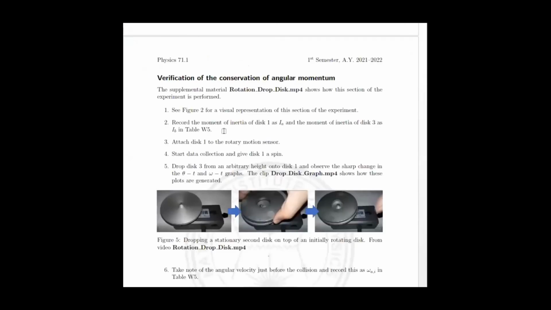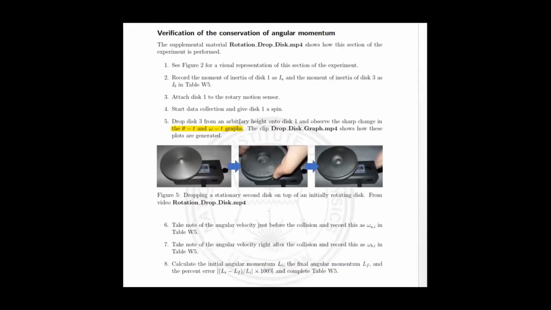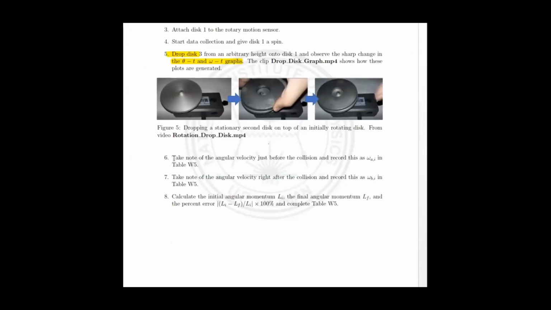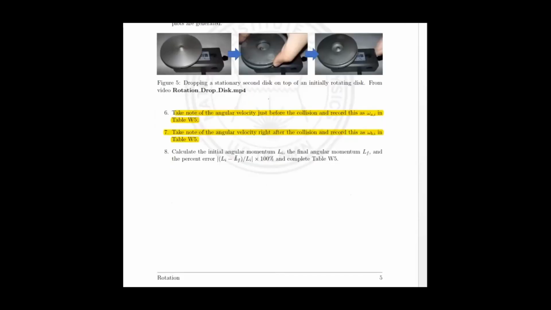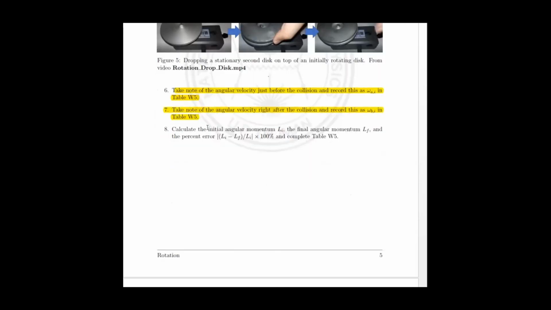So yun. Again, everything is recorded. The disk is already dropped. The angular velocities are already recorded. So what you will do is calculate the initial angular momentum and the final angular momentum using L is equal to I omega. You have your I and you have your omega here. Okay, let's write it here.